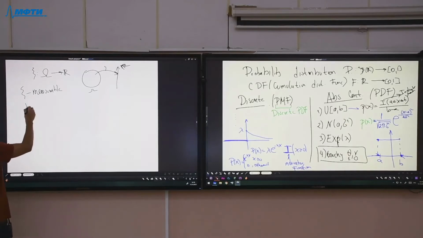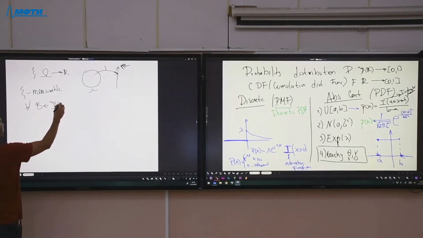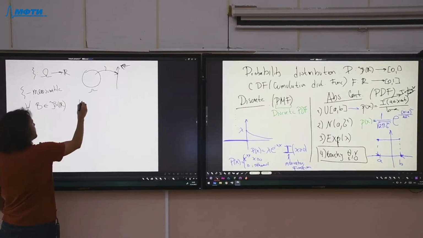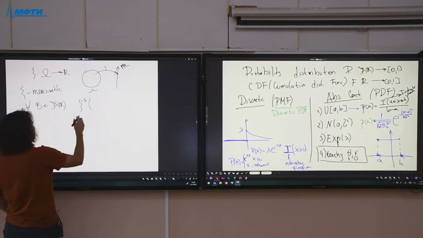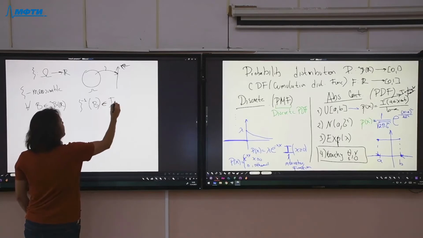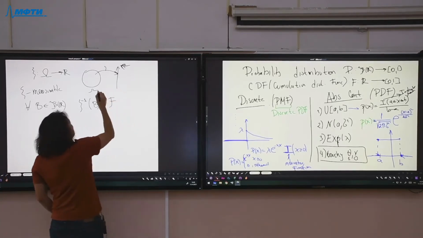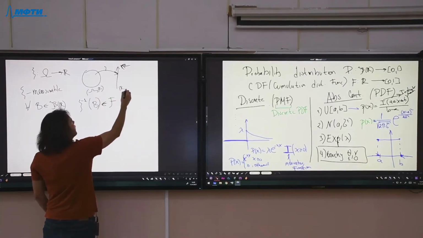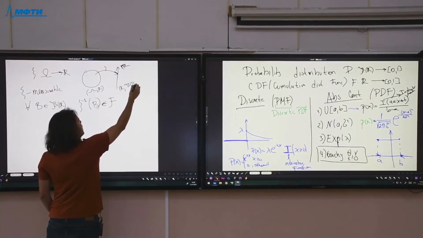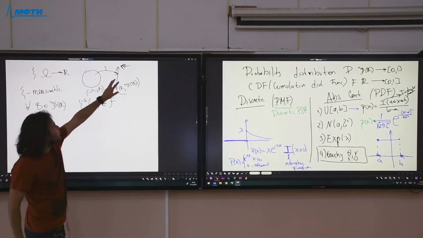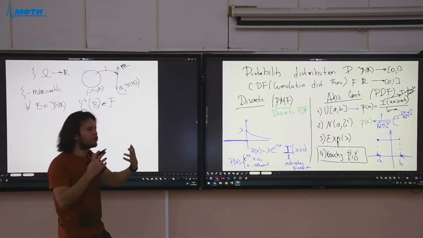What is the meaning of measurable function? It means that for every Borel set B, we need the preimage of B to be an element of F. So here we have omega and F, and here we have R and the Borel sigma algebra on R. So we have a function between two different measurable sets.